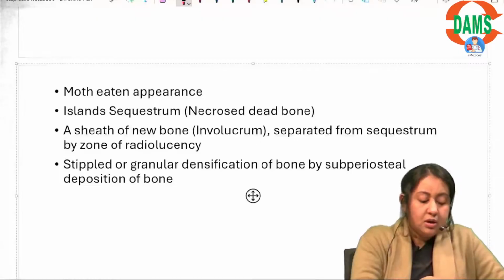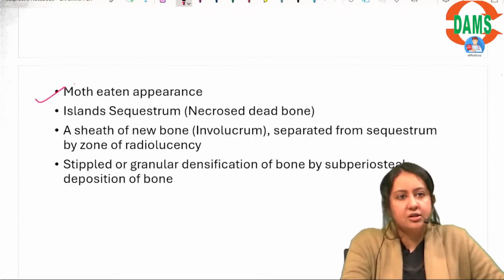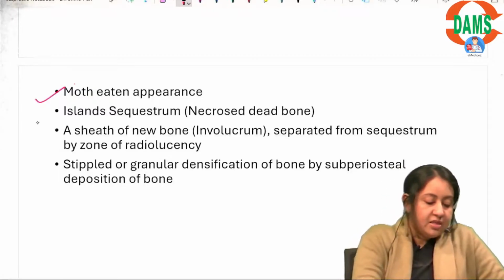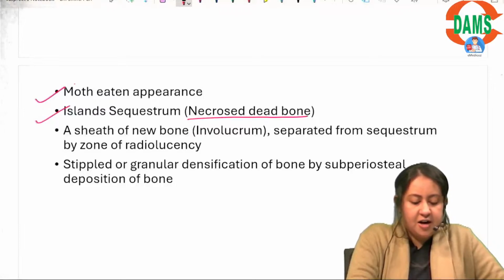Now coming to the radiographic appearance, there would be a moth-eaten appearance. There would be islands of sequestrum, that is necrosed dead bone.